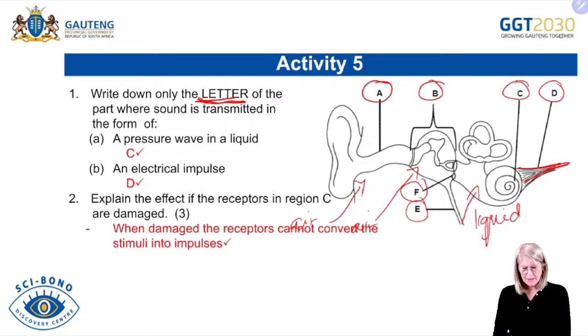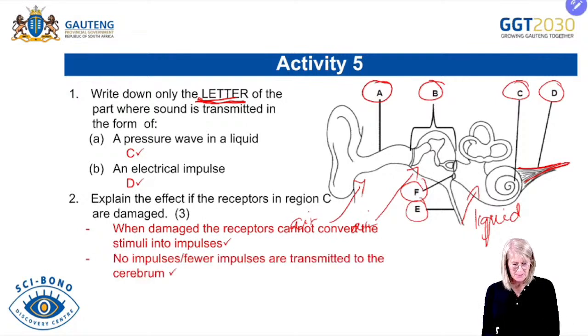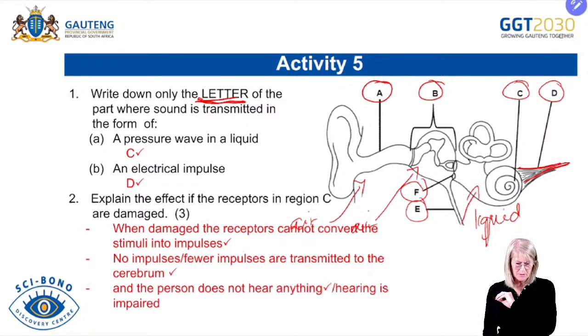When damaged, the receptors cannot convert the stimulus, so they can't convert those pressure waves into an impulse. So there's no impulse, or fewer impulses are transmitted to the cerebrum, and because of that, the person doesn't hear anything, or hearing is impaired. So they may not be able to hear properly.